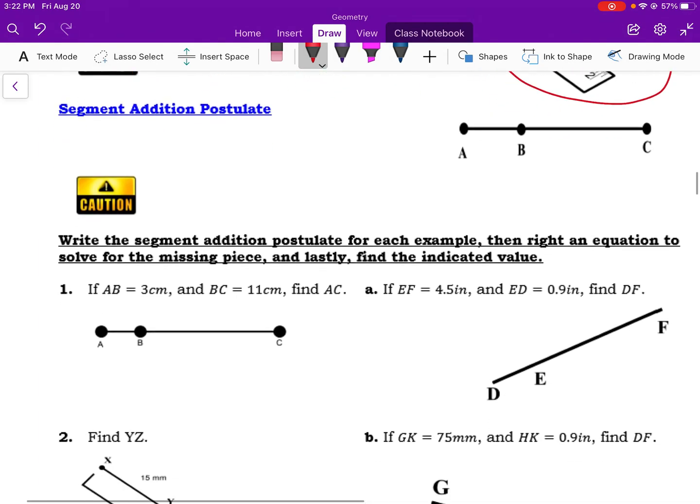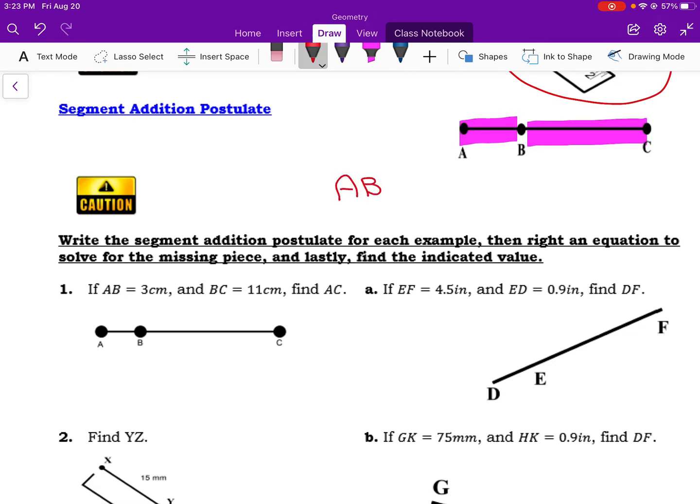Segment addition postulate is what we are going to be working with a lot in the next couple of days. The segment addition postulate allows us to break up a full line segment, such as AC, into 2 separate segments: segment AB and segment BC. And the segment addition postulate tells me that the parts sum to make the whole.